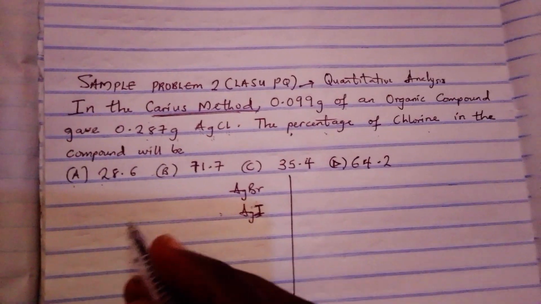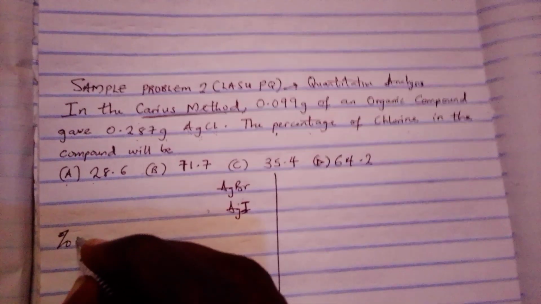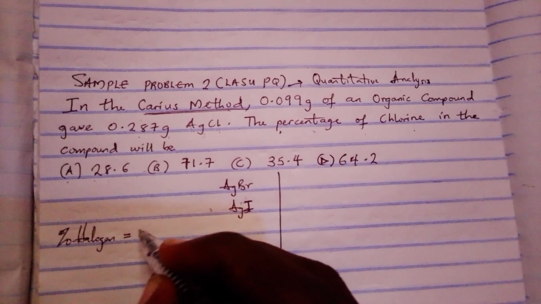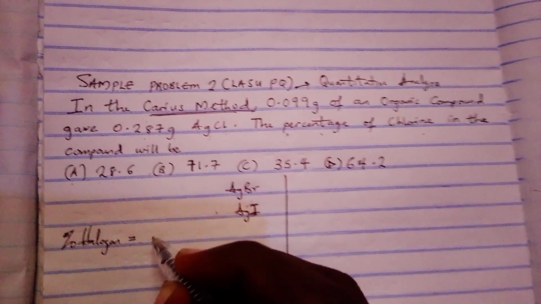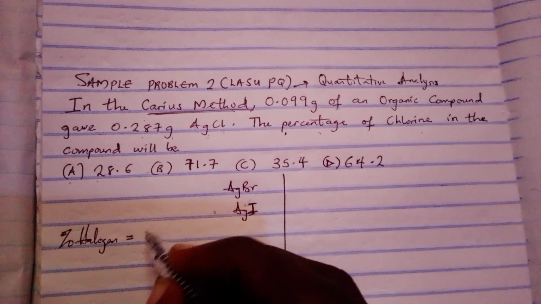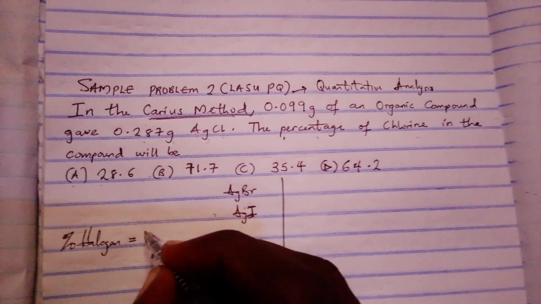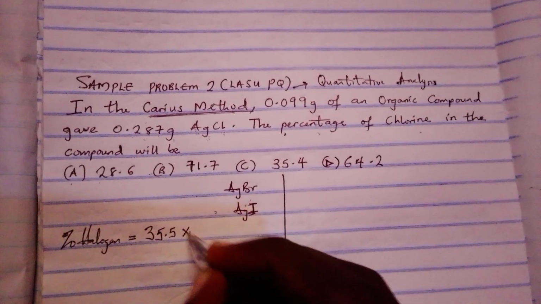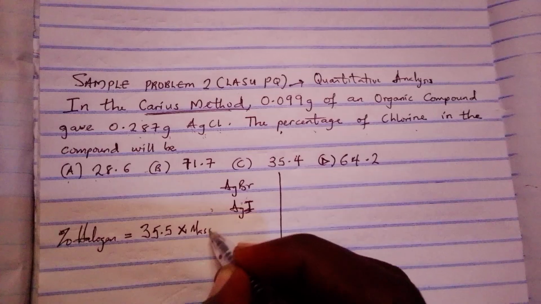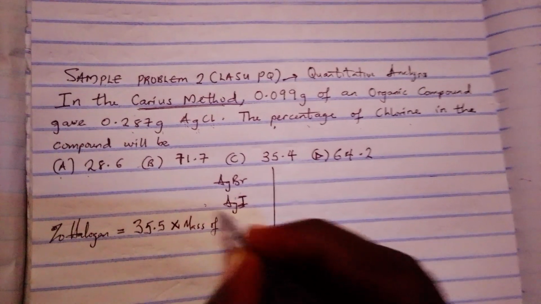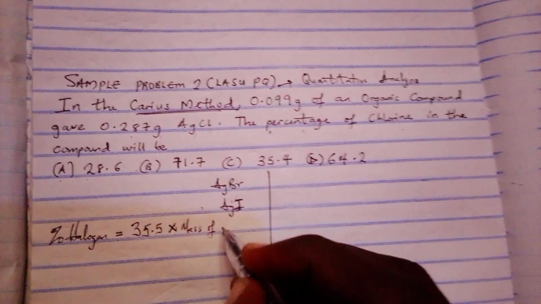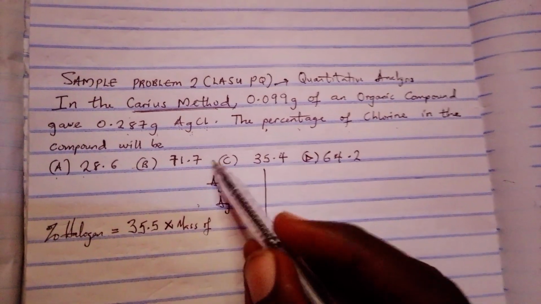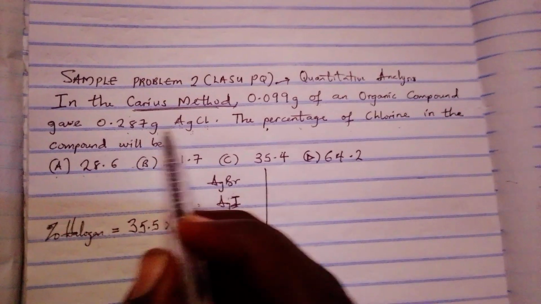So let's look at the formula. The percentage of the halogen equals the molar mass of the halogen present, and for this case it is chlorine, with molar mass 35.5, multiplied by the mass of the silver halide. If you have a case of AgBr, it will be the mass of AgBr, given in the question.